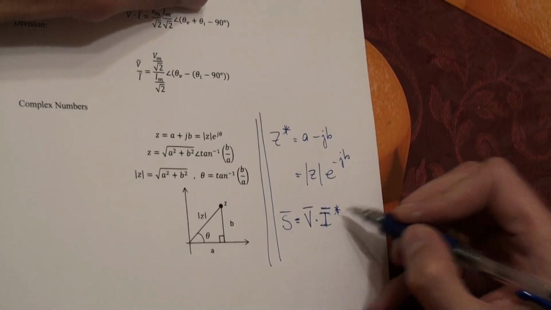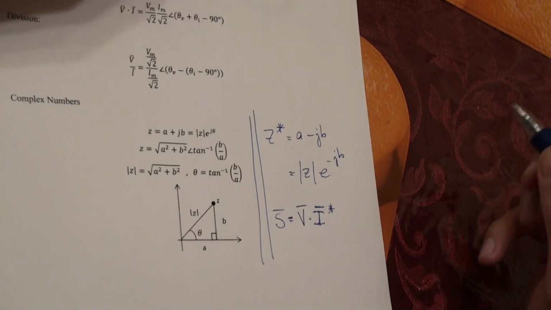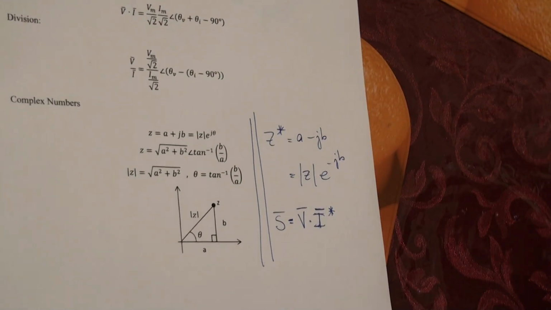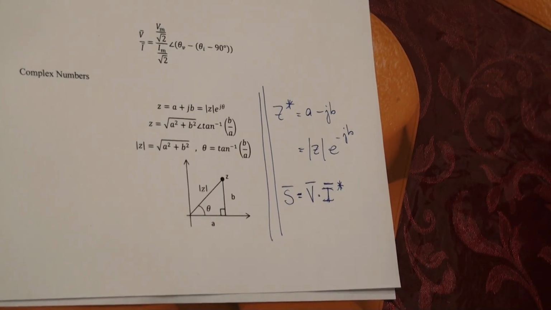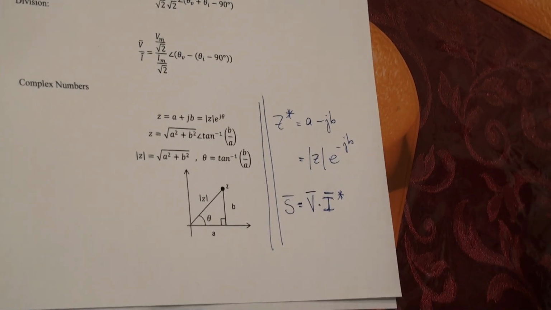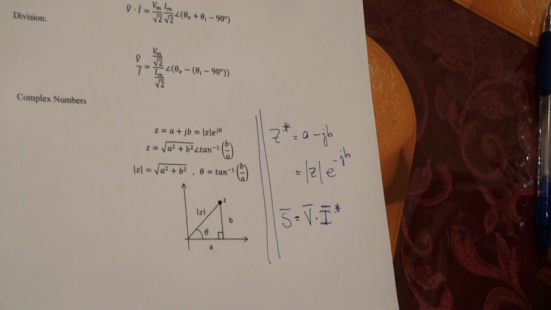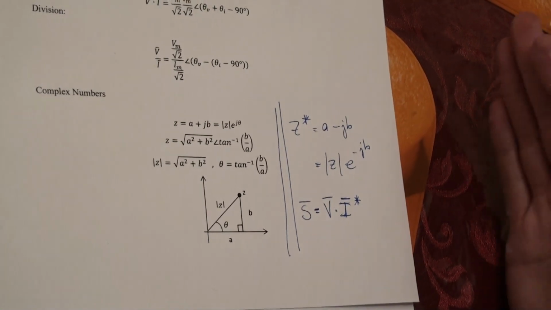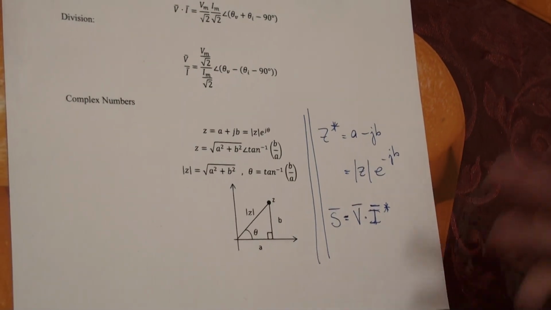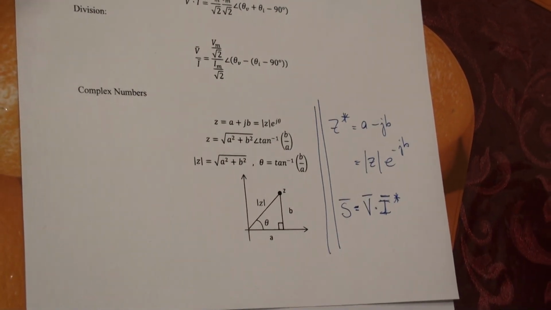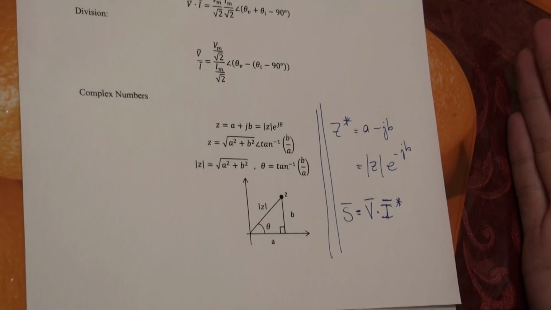So that's important. Now you can look at the complex power summary given in the cheat sheet that the professor gave you all. I think it's a very useful and informative cheat sheet. So definitely study that to understand complex power, real power, reactive power, and apparent power.